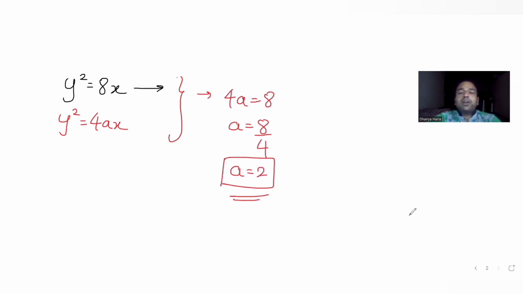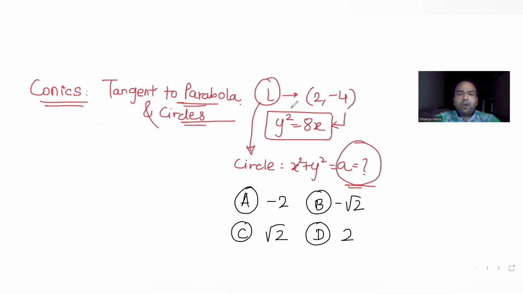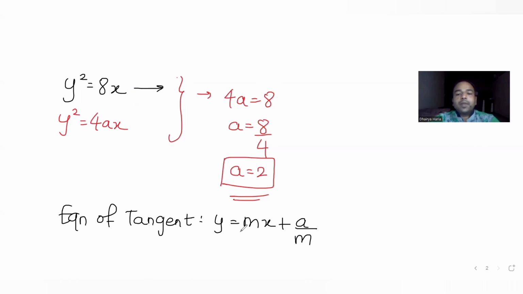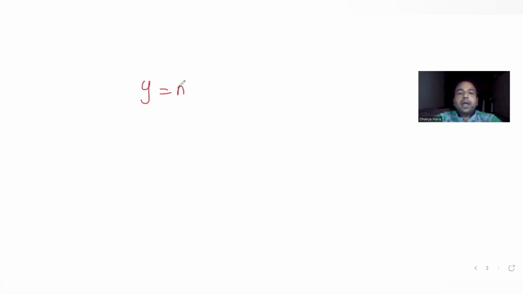Now, once I have a as 2 for this parabola, I know the equation of the tangent to the parabola is given as y equal to mx plus a by m. If I put the value of a here as 2, I have y equal to mx plus 2 by m as my equation of the tangent.